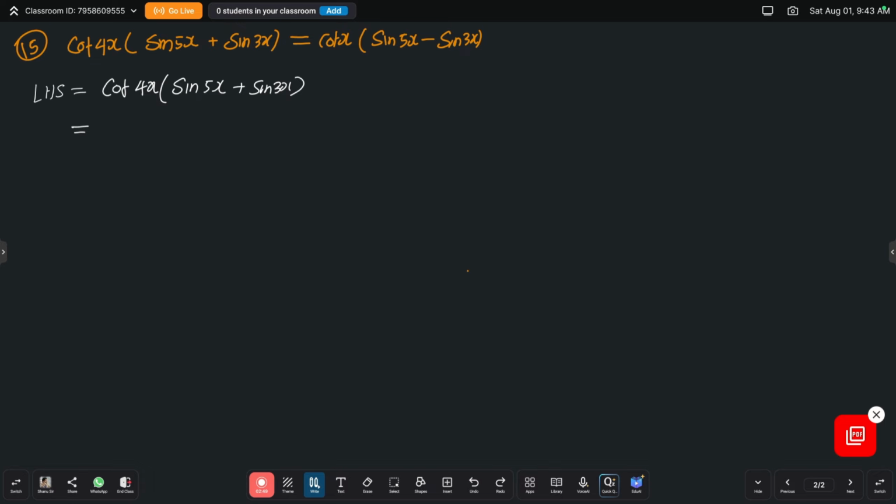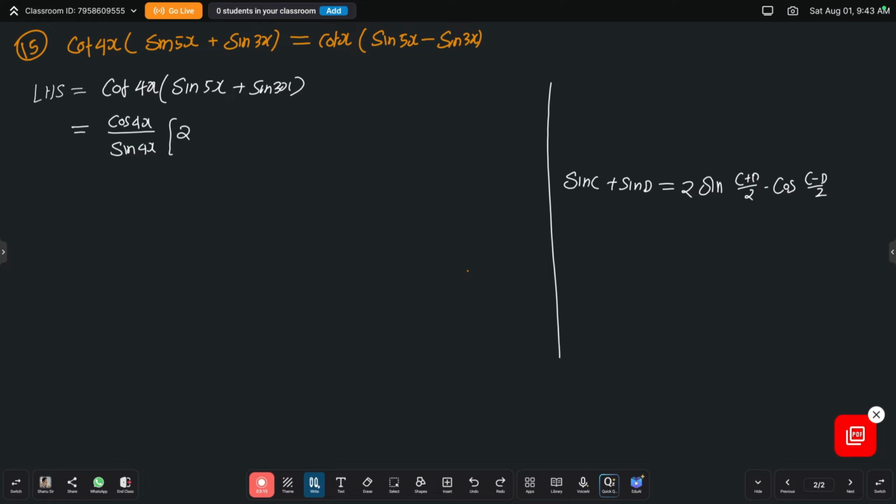So it would be cos 4x upon sin 4x. And here we will apply the sin C plus sin D rule. What is sin C plus sin D? Recall. Sin C plus sin D is 2 sin (C plus D) by 2 into cos (C minus D) by 2.